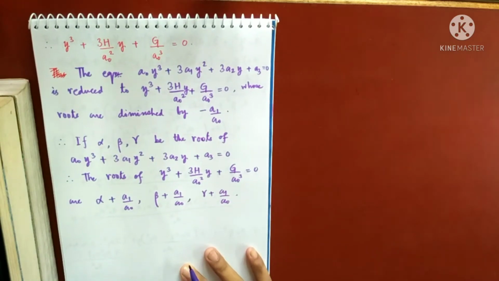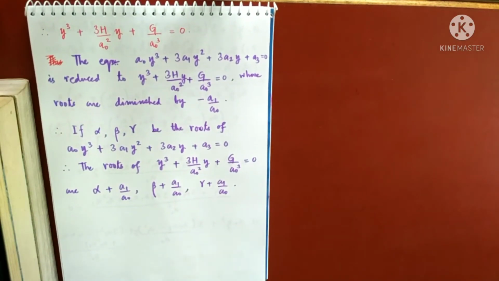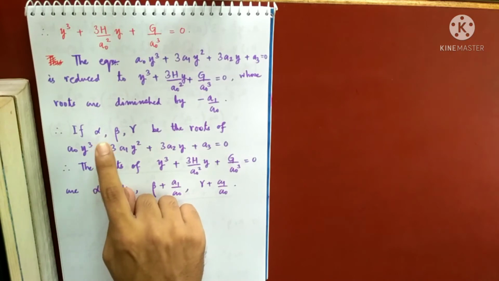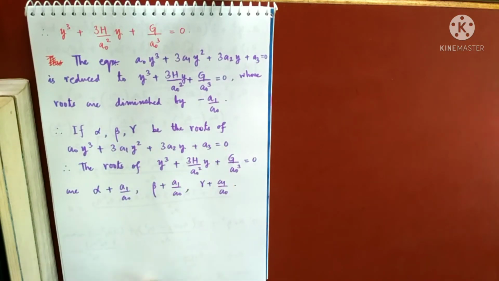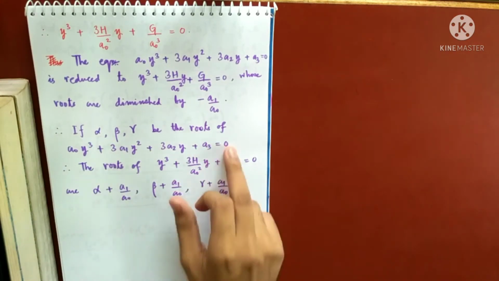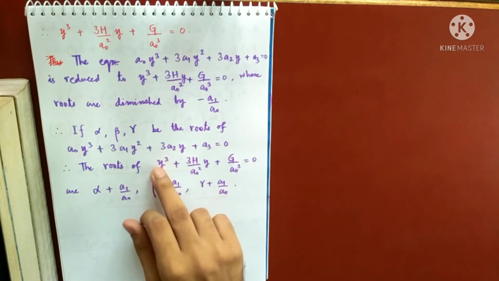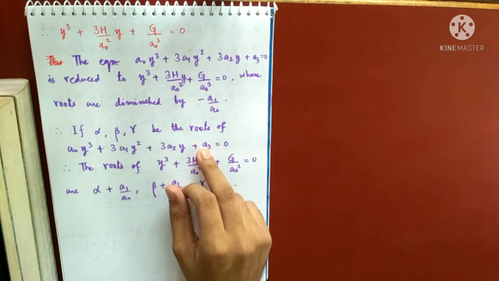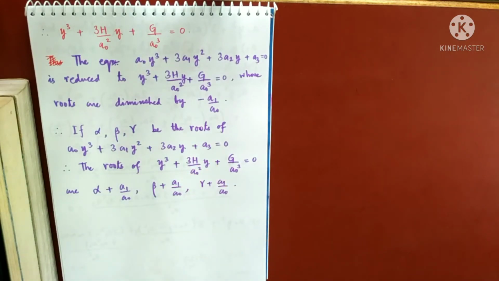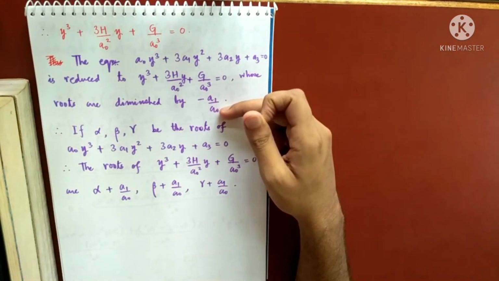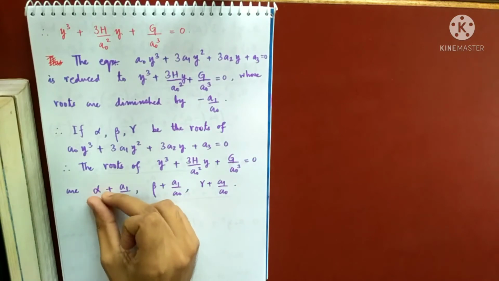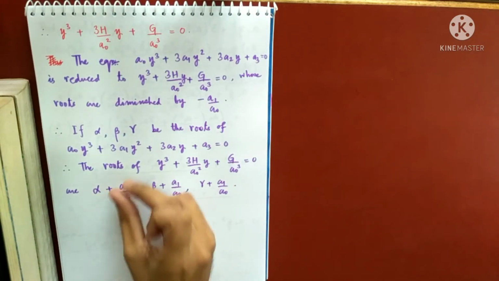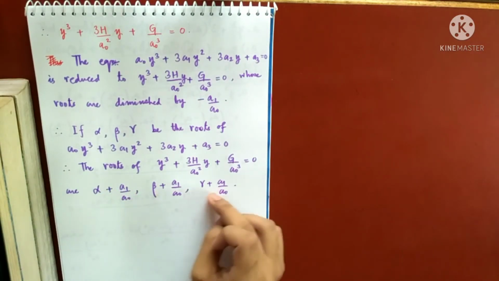My point is this: if I assume alpha, beta, gamma are the roots of this equation, then I know the roots of this equation are h less than the roots of this equation. Now h is nothing but minus a1 by a naught, so alpha minus h will become alpha plus a1 by a naught, and so on for the other roots.